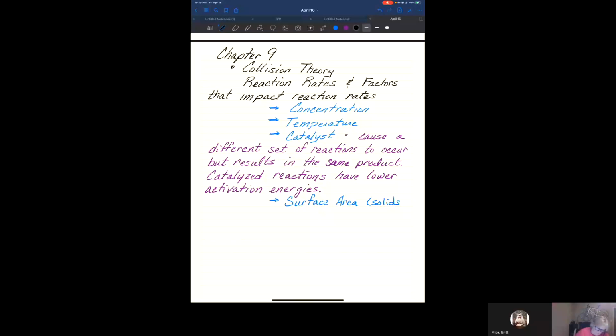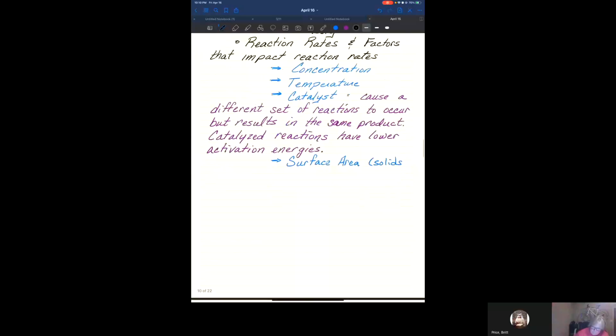So we've done collision theory, we've done reaction rates, and now we're going to get into a little bit more of the mathematical piece. One thing I want you to know is you do not need to know anything about chemistry for a reaction to happen. Chemical reactions occur whether we think about them, study them, write about them, sing about them, do anything.